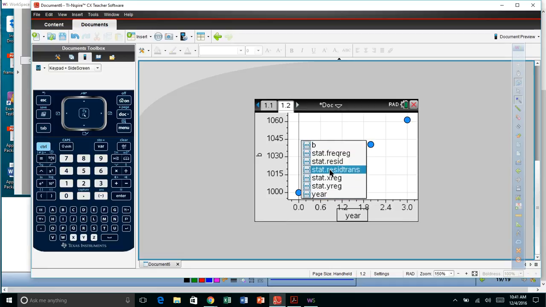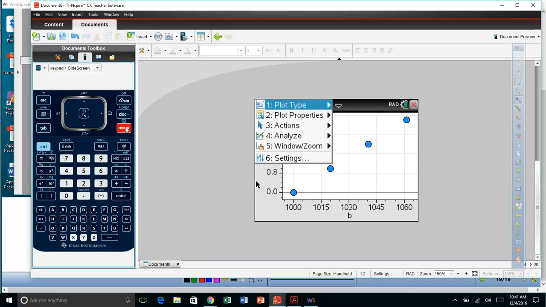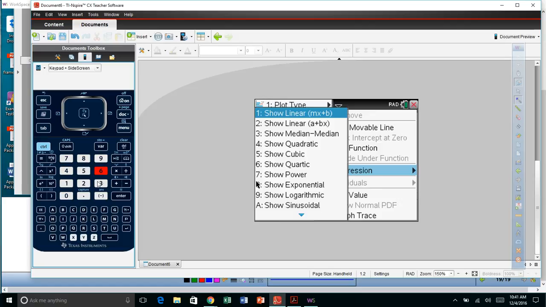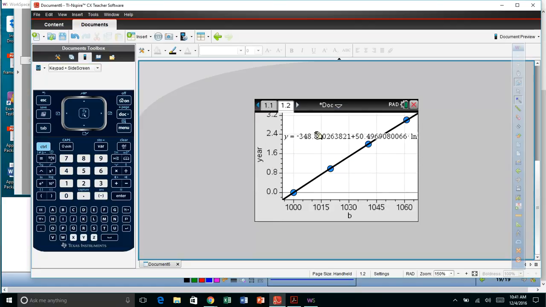We're going to make this B, and we're going to make that year. Now let's menu 4, 6, and 9 for logarithmic. It gives us negative 348.82 plus 50.49 natural log of x. That's what the calculator gives us.